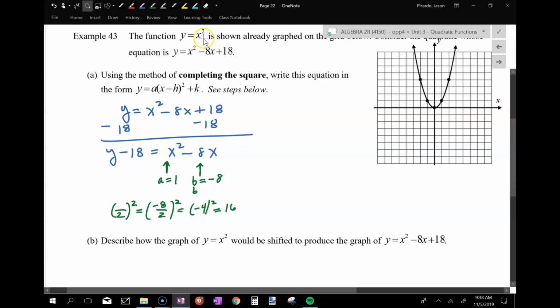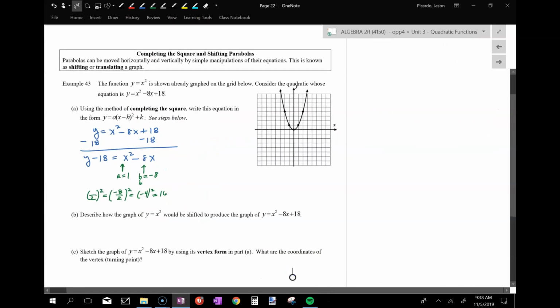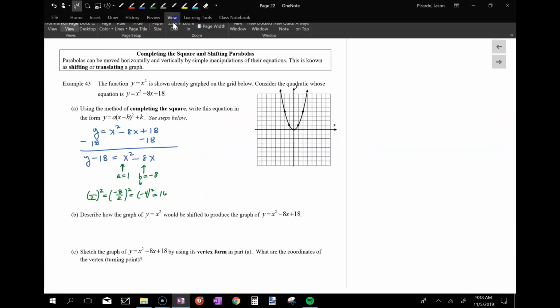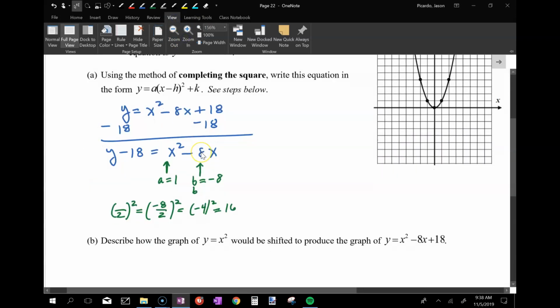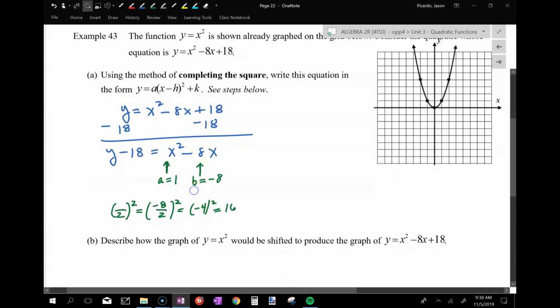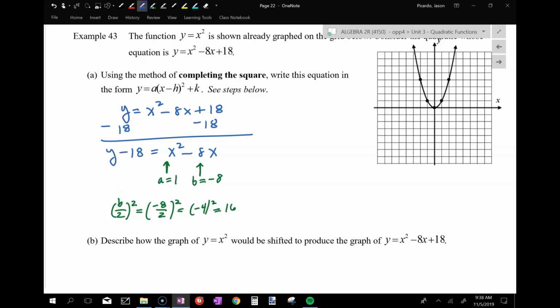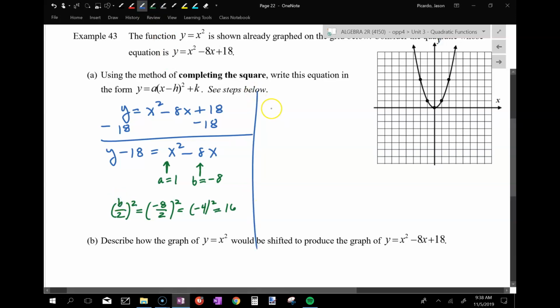All right, so adding that to both sides is going to give me y minus 18 plus 16 equals x squared minus 8x plus 16.